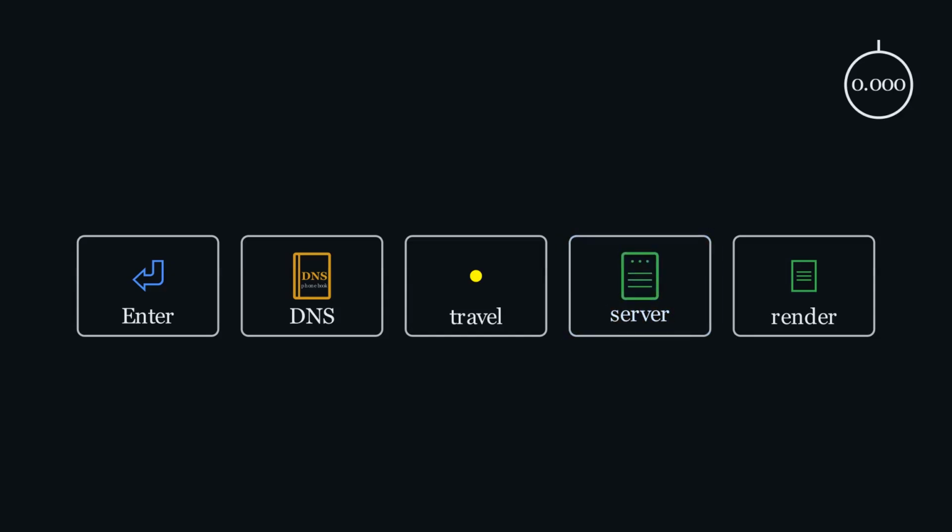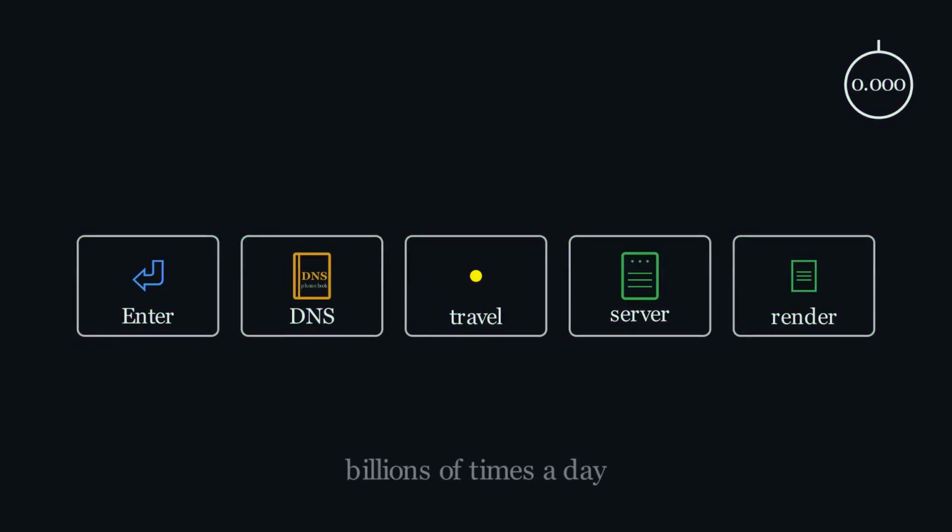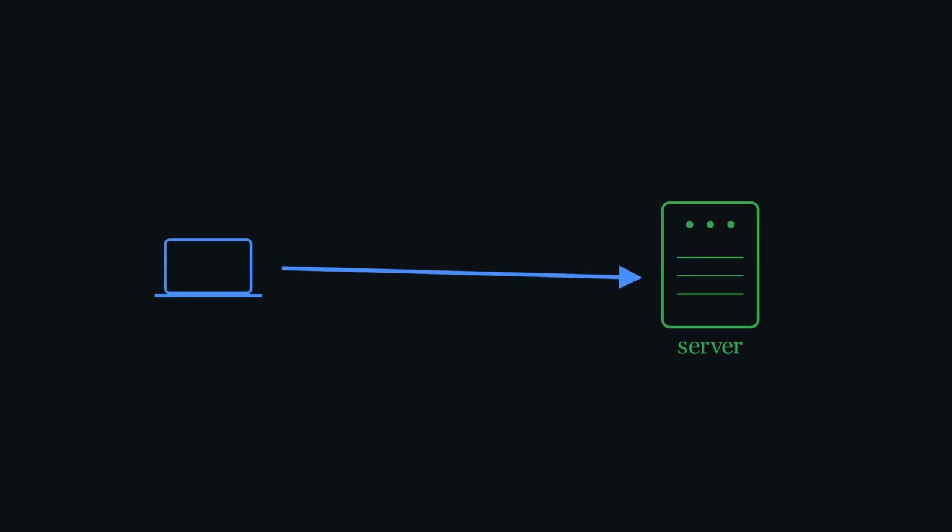Your browser turns the instruction into pixels, total time about a fifth of a second. Every link you click, every app you open, every message you send, this exact loop happens billions of times a day.